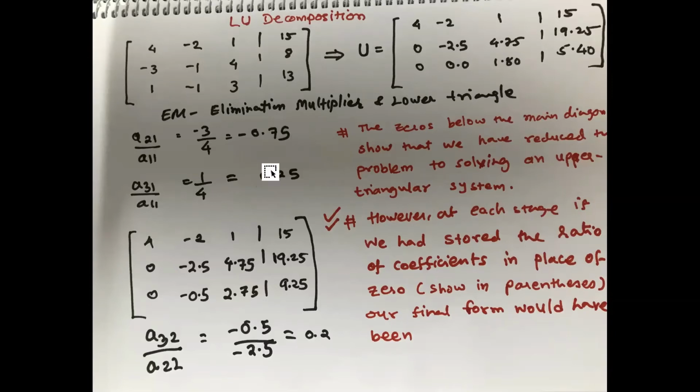So we want to store these numbers. If we had stored the ratio of the coefficient in place of 0, our final form would have been this. Now the second elimination multiplier, to eliminate this member, will be minus 0.5, multiplied by the second row and deducted from the third row.